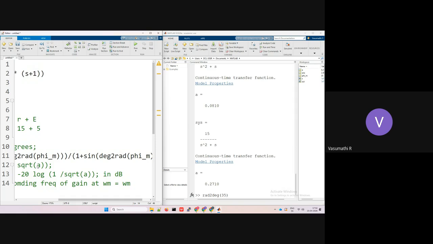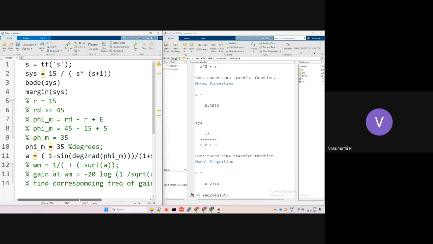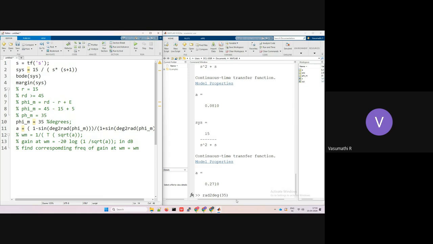Then you can substitute here. To find the gain at omega m, the formula is minus 20 log of 1 by square root of alpha. Let me first calculate this. We know alpha. Till this step you understood, right? Any doubt in that? If you have any doubt, please stop me there.